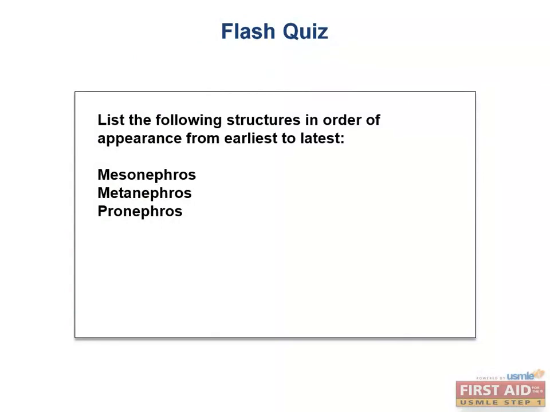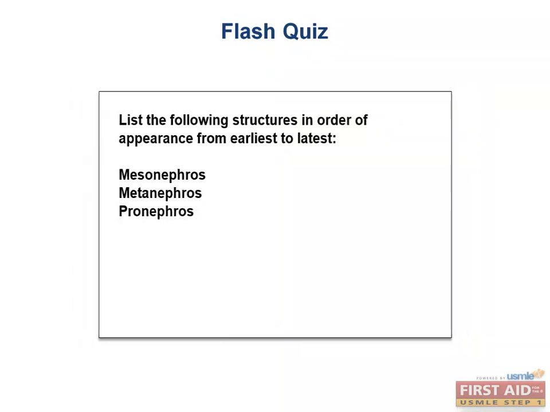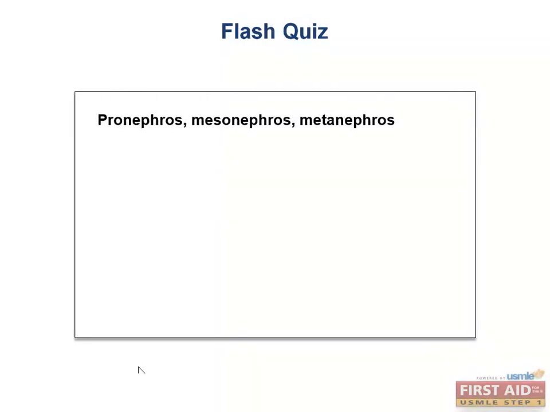So let's try out now a flash quiz to test what we've learned. List the following structures in order of appearance from earliest to latest. We have mesonephros, metanephros, pronephros. Take a minute to think and give an answer. The correct answer is pronephros, then mesonephros, and then metanephros.